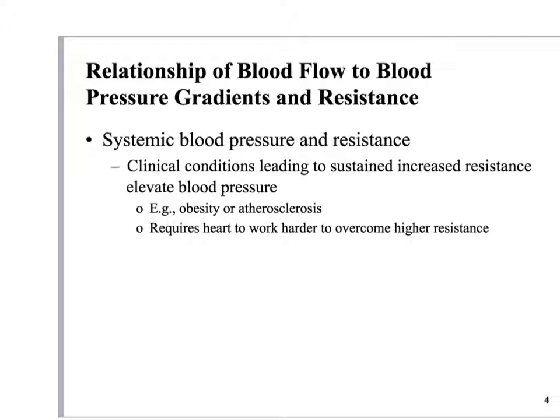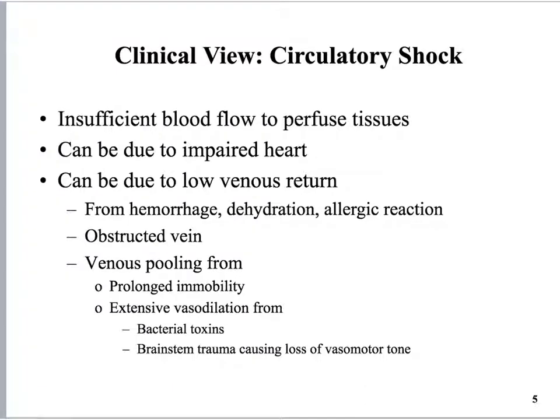Okay, so this makes the heart work harder to overcome a higher resistance, right? You have higher resistance in the periphery. The heart still needs to put out the same amount of volume out into the system, and your muscles, your body tissues still need the same nutrients and metabolic requirements. Okay, maybe even more. So the heart has to work harder. And that's one of the problems with blood pressure.